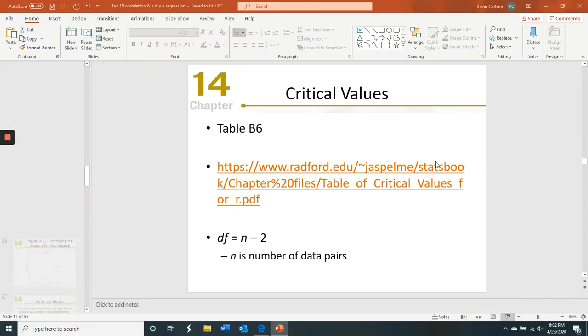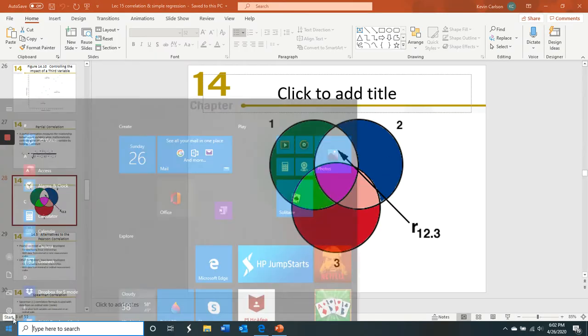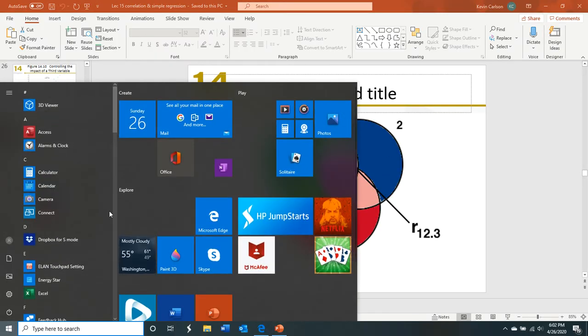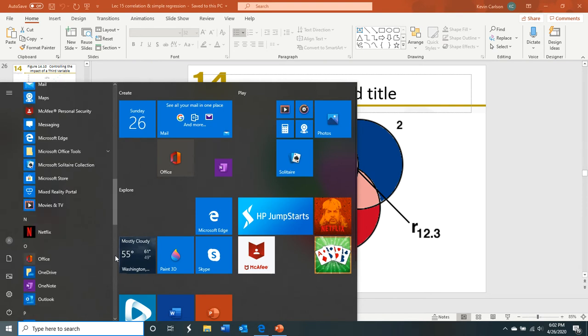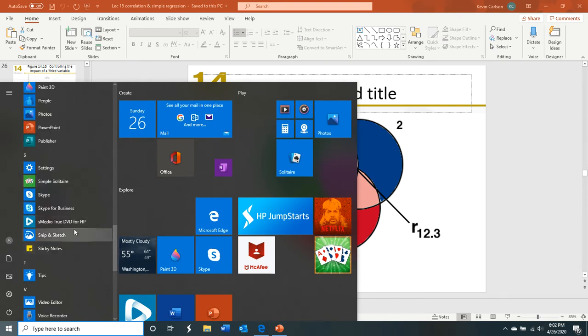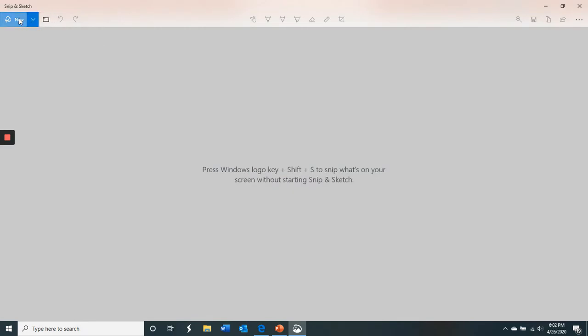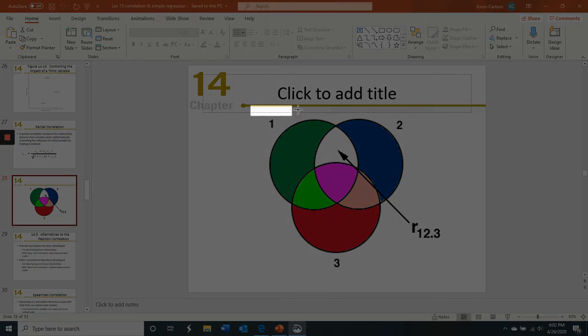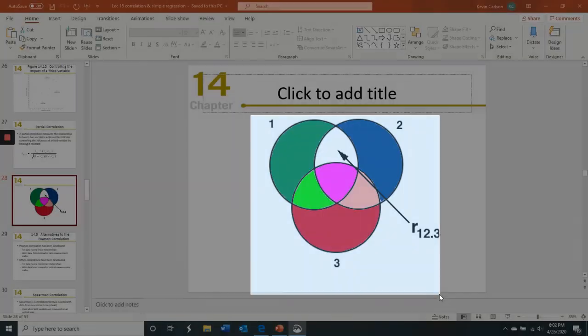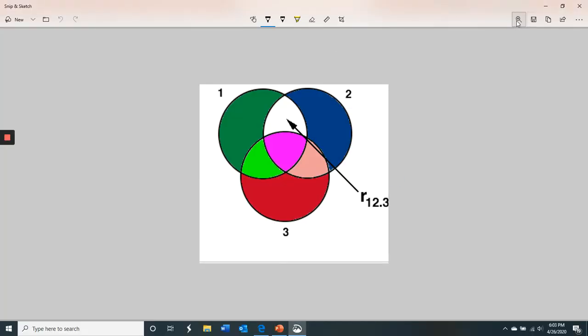I kind of feel like I want to snip this. And I'll make it bigger.